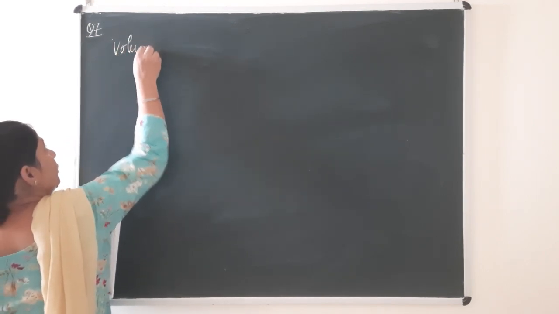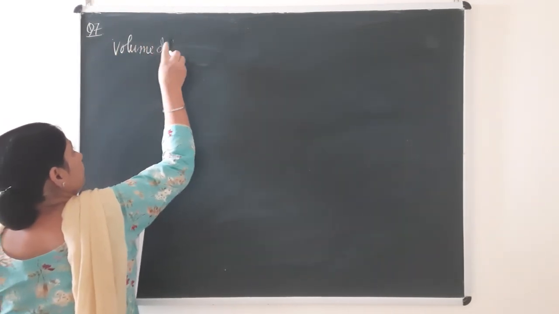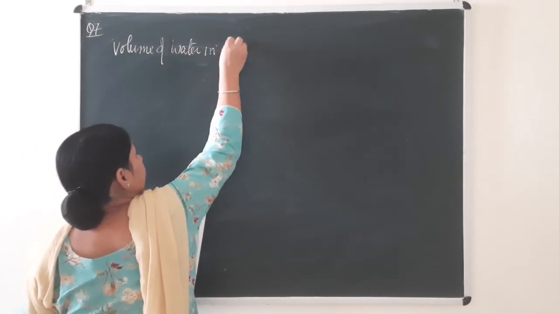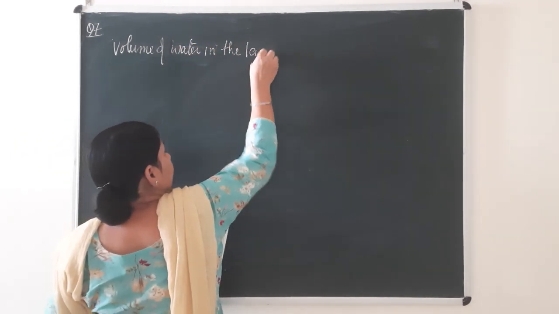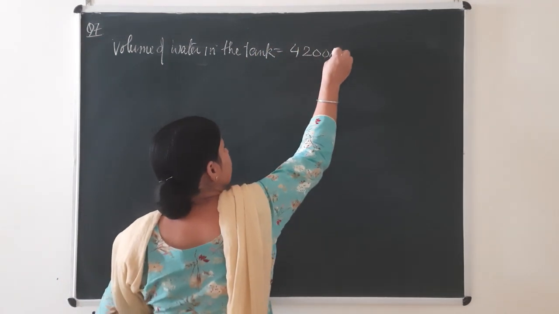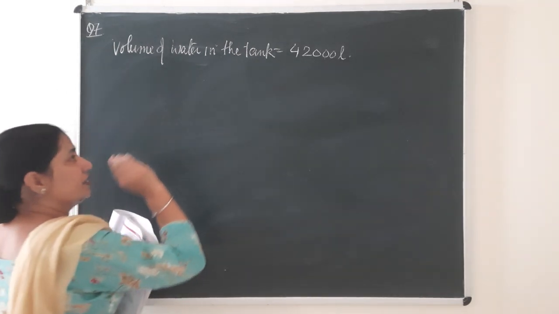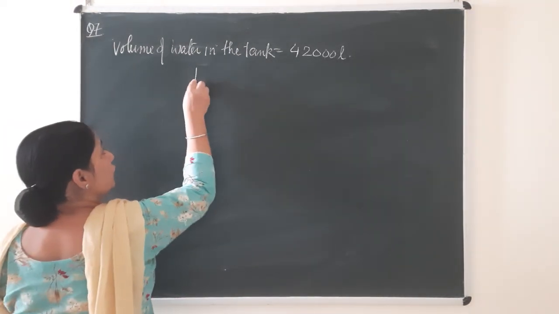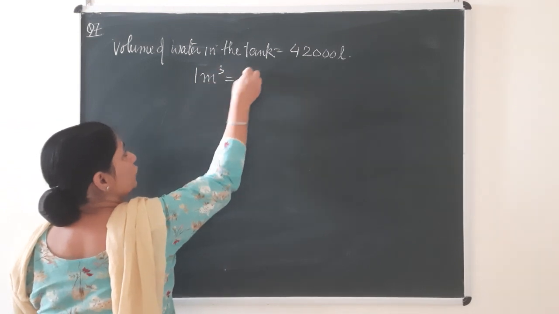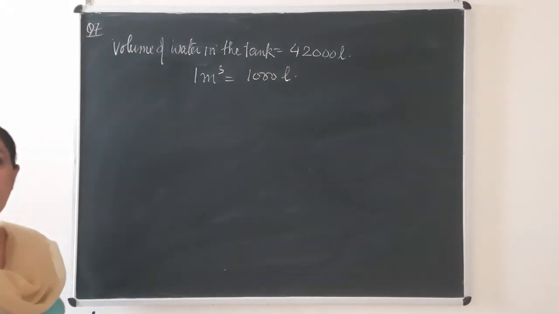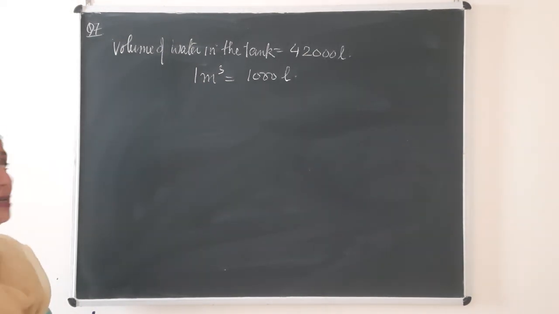So the volume of the water in the tank is given to you equal to 42,000 liters. Now one thing, this is in liters. So we should know that 1 meter cube is equal to 1000 liters.